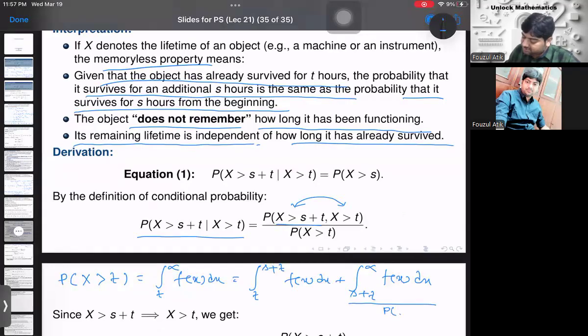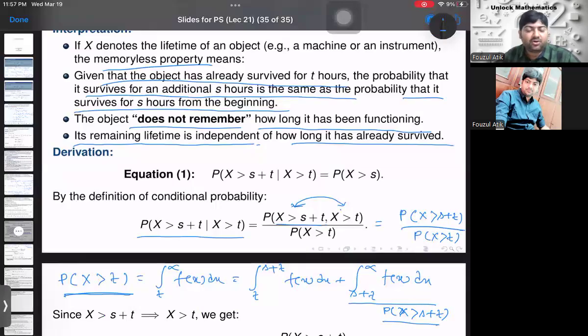This is P(X > s + t). So if you take the intersection, you get this value, because x > s + t is already included in x > t. Therefore the intersection of x > s + t and x > t is P(X > s + t), divided by P(X > t). I hope you understood.